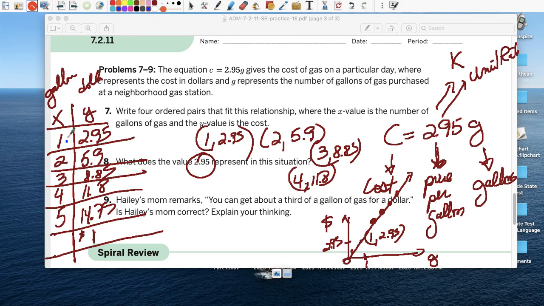We multiply everything by 2.95, right? So going the other way, we divide by 2.95. So 1 divided by 2.95 gives me 0.33 gallons. So is her statement correct? Yes, it is. For $1, you can get about 1/3 of a gallon of gas. Okay? And that's that.